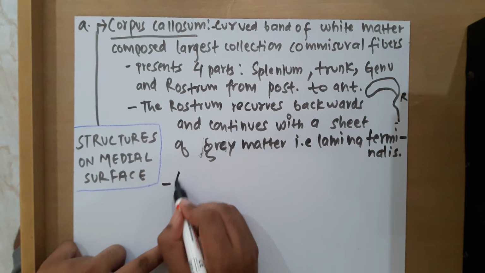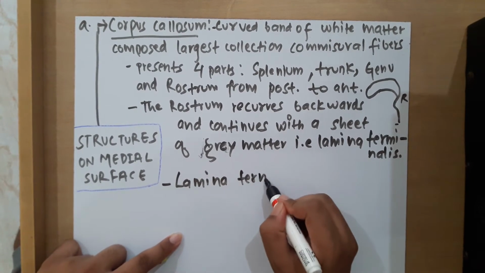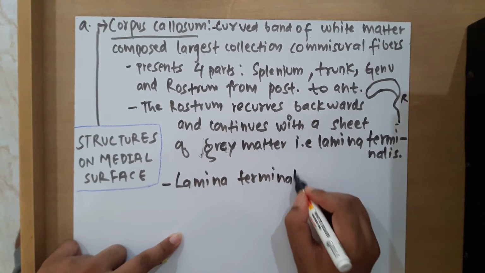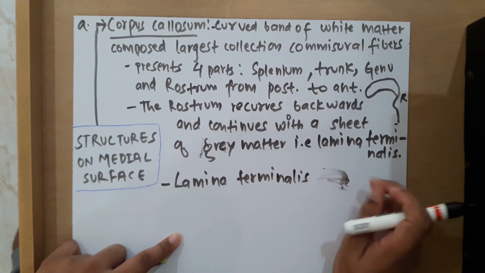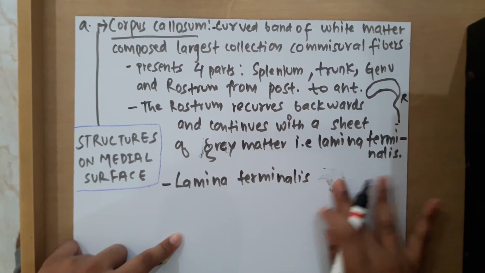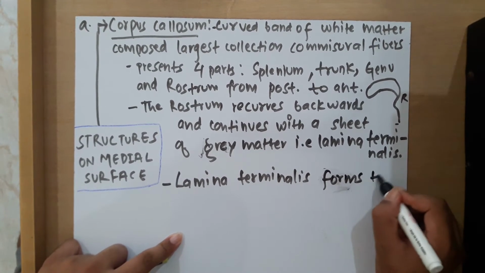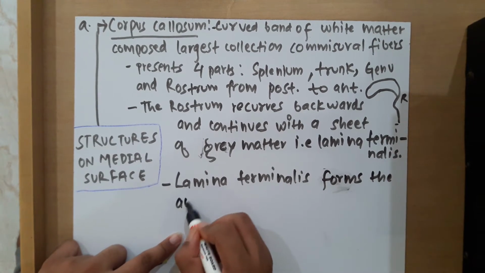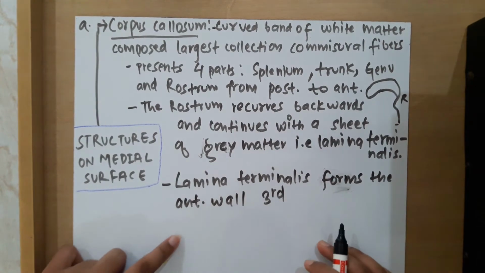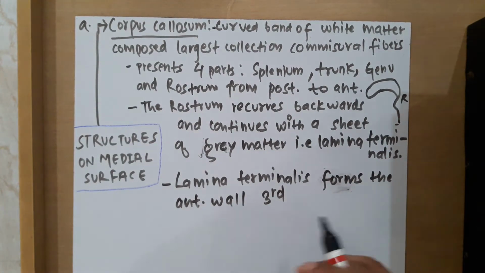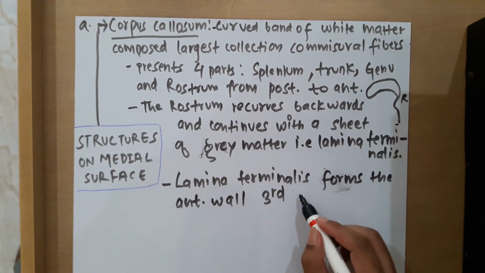The lamina terminalis forms the anterior wall of the third ventricle. We'll discuss what the other walls are composed of while discussing the third ventricle. For now, lamina terminalis forms the anterior wall of the third ventricle.